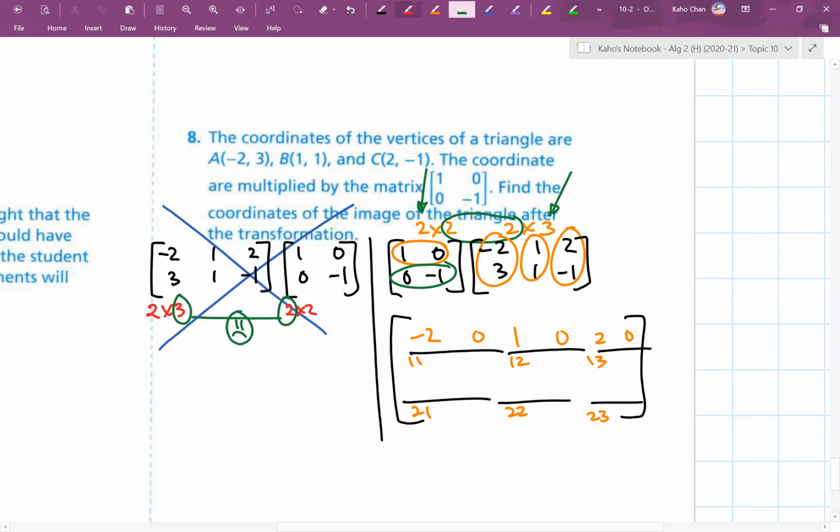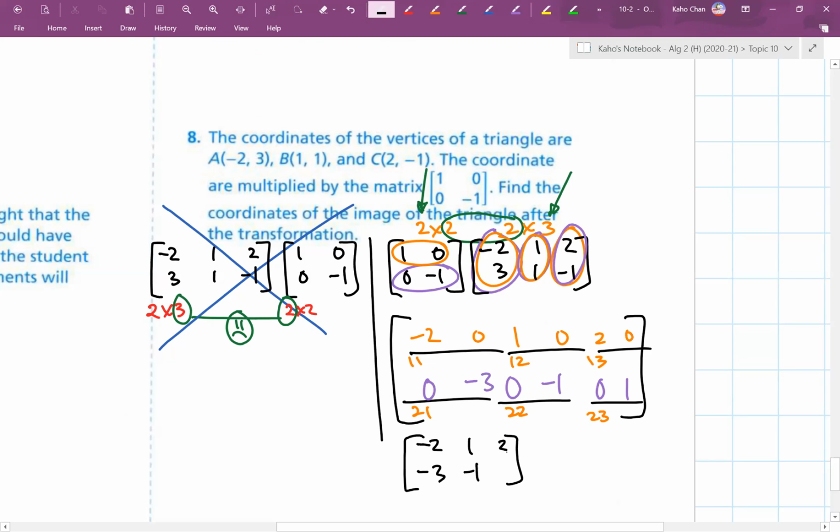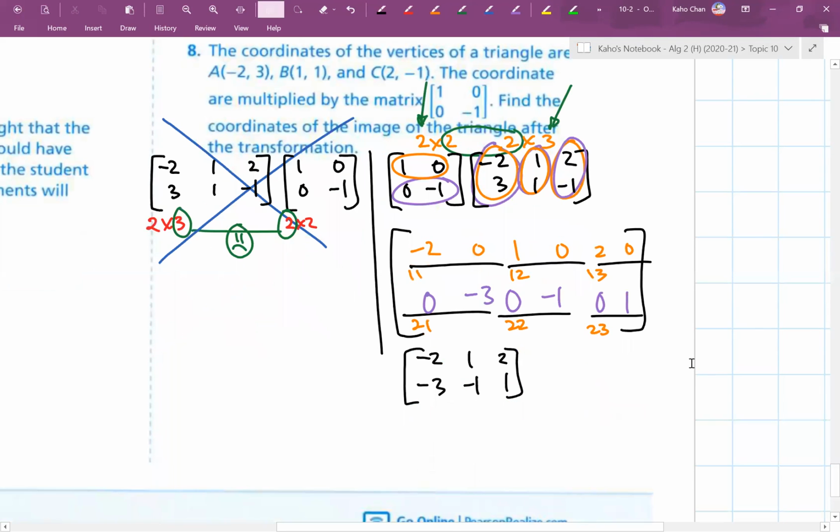Purple. 0, -3, 0, -1, and 0, 1. Let's take a look at what our final transformed triangle is. It is -2, 1, 2, -3, -1, 1. And if we compare that to the original problem, what changed?